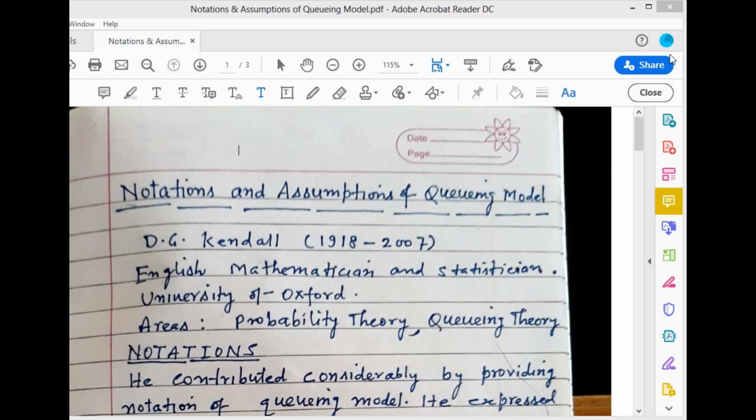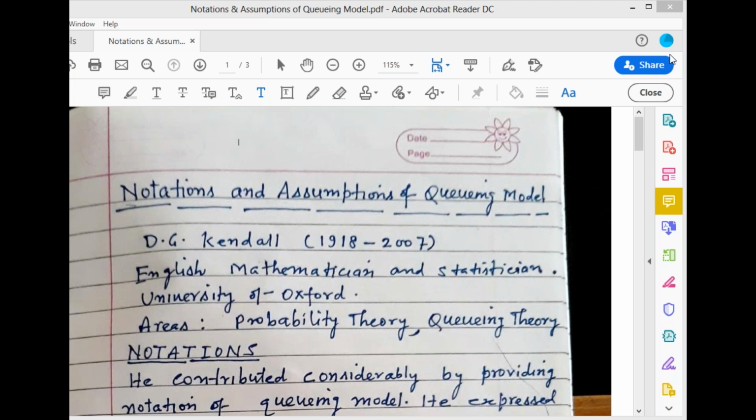This lecture is very important because we have to deal with in-depth derivations, applications, and mathematical and analytical discussions.